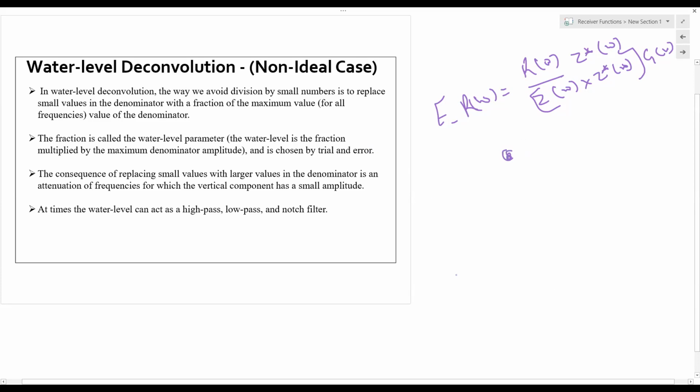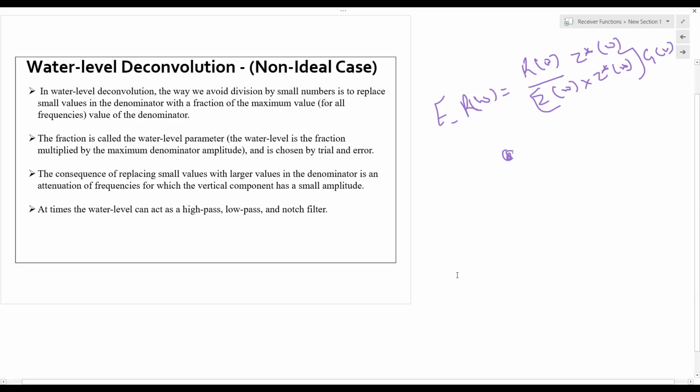The consequence of replacing small values with larger values in the denominator is an attenuation of the frequencies for which the vertical component has a small amplitude. And that fraction, the water level parameter, can at times act as a high pass filter, a low pass filter, or a notch filter, which lets some frequencies pass through.